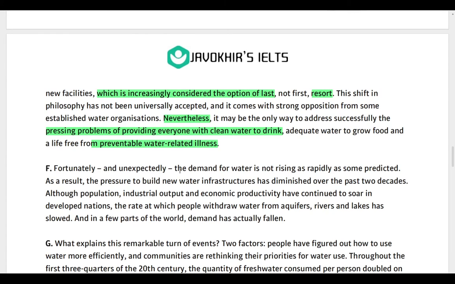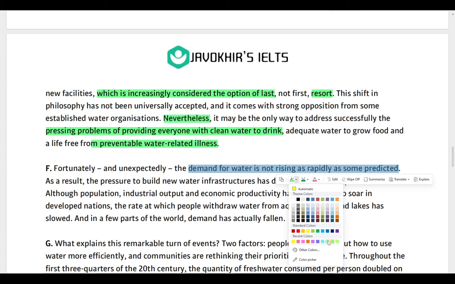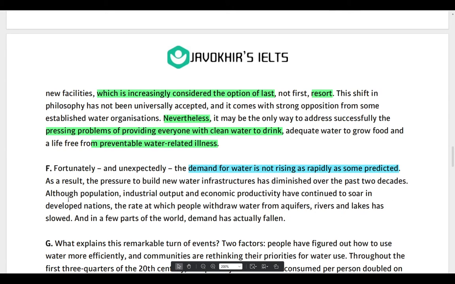Fortunately and unexpectedly, the demand for water is not rising as rapidly as some predicted. As a result, the pressure to build new water infrastructure has diminished over the past 20 years.